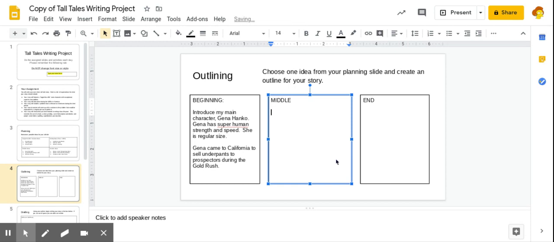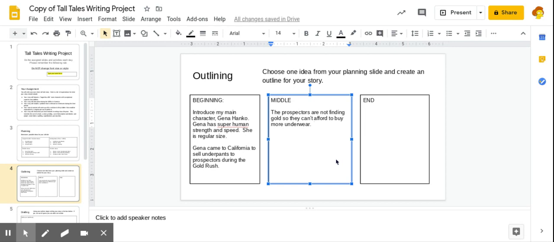So because I'm an underpants saleswoman, the prospectors, maybe they're not finding gold. So they can't afford to buy more underwear. So that's my problem.